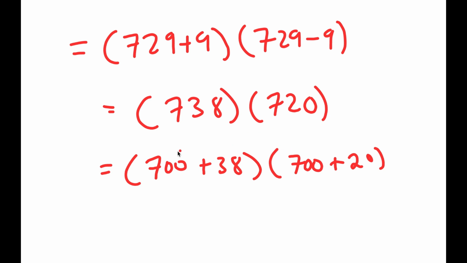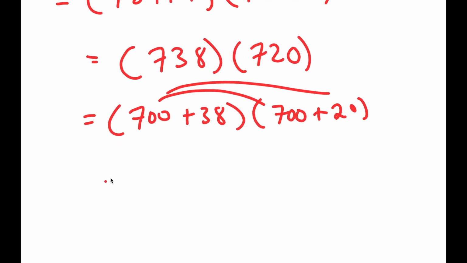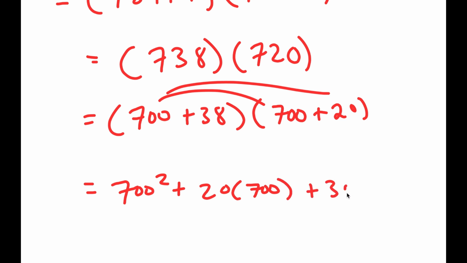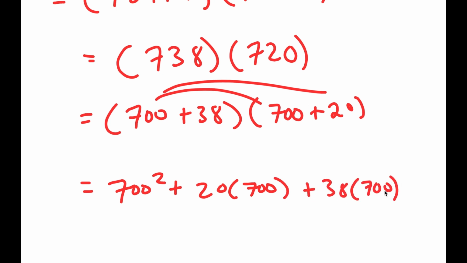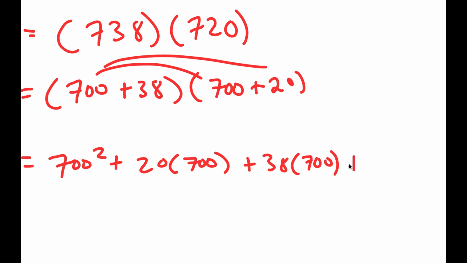And the reason I rewrote it like this is so it's easier to multiply. So I get 700 squared plus 20 times 700 plus 38 times 700 plus 38 times 20.